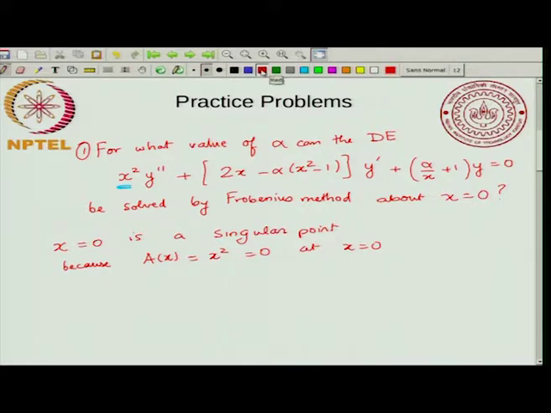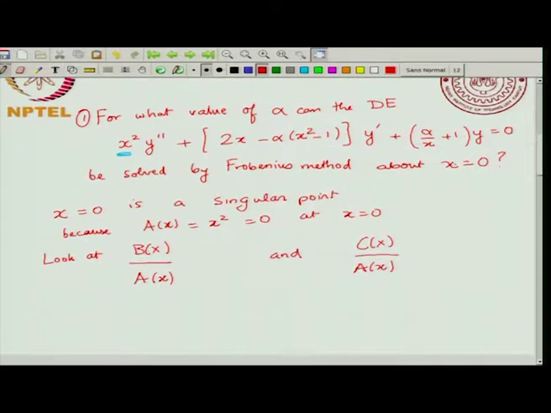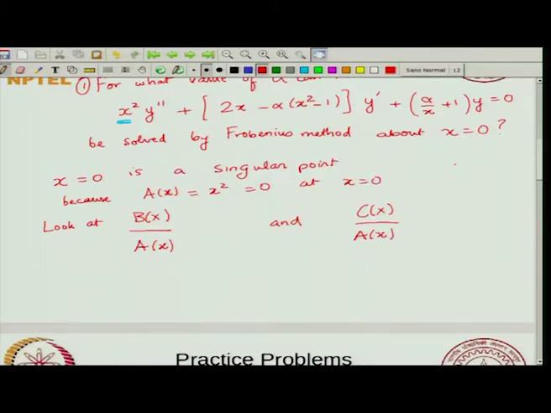So then what should you do? You look at b of x divided by a of x and c of x divided by a of x. So b of x is basically 2x minus alpha x square minus 1, c of x is alpha by x plus 1, and a of x is x square. We look at these two, and then decide whether you can use the Frobenius method and what should be the condition on alpha.